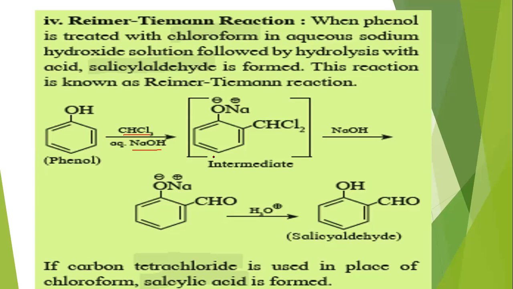It gives an intermediate compound, which on further reaction with NaOH and hydrolysis gives salicylaldehyde. If carbon tetrachloride is used in place of chloroform, salicylic acid forms. This is the Reimer-Tiemann reaction.